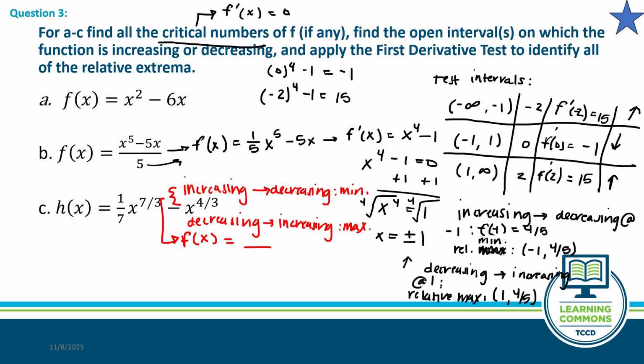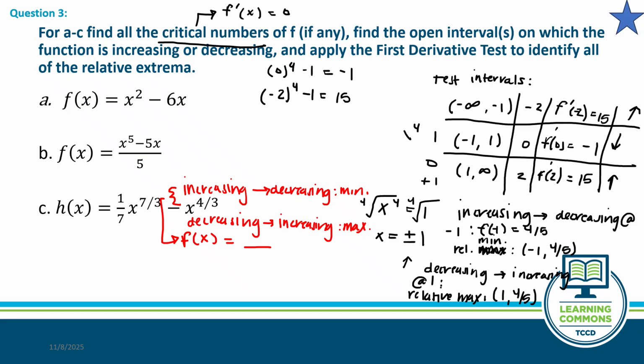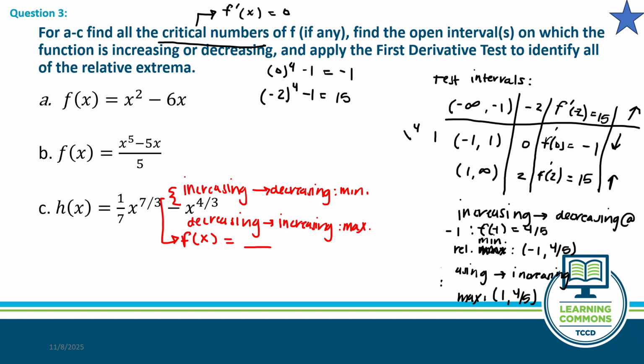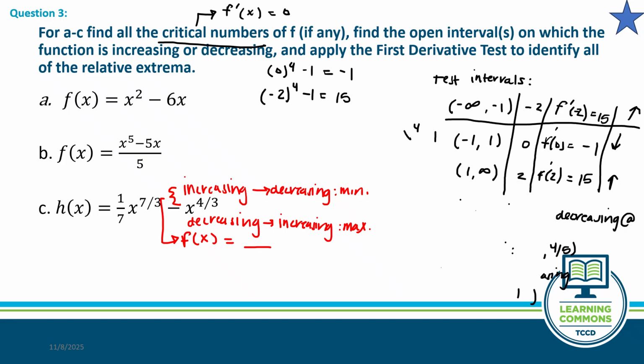Okay, so I'm going to get rid of some of this work over here and start on this very last thing. Again, she will ask you what intervals are increasing, and you're going to say this interval's increasing, and this interval's increasing, and this one's decreasing.